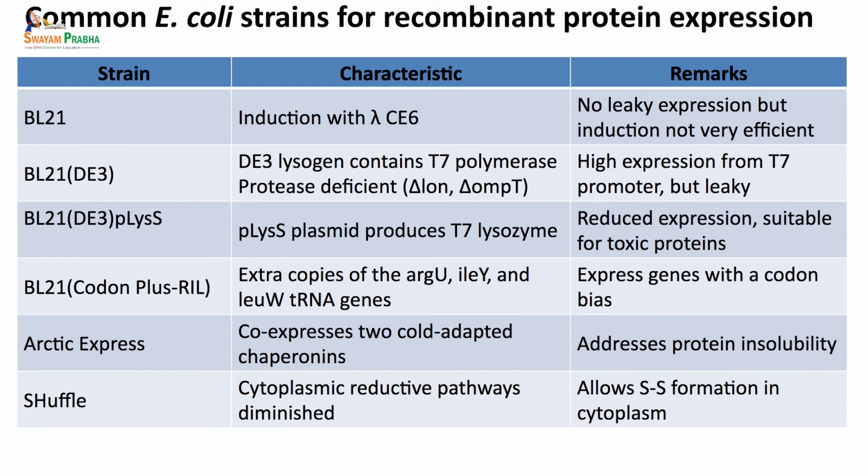So if you want to express genes that have a certain codon bias in E. coli, then you can use this strain, because the tRNAs for those biased codons will be present in this particular strain, but not in any other E. coli strain. So this strain will be able to produce those proteins.